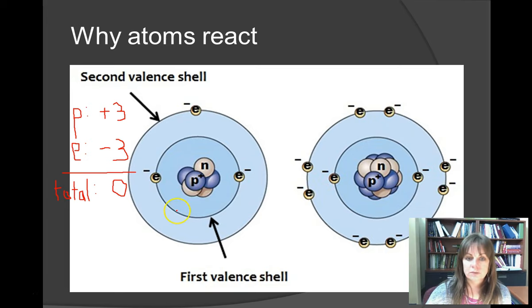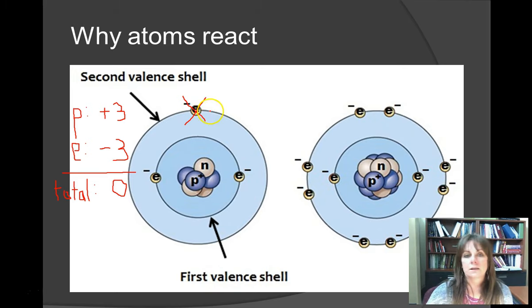So we already said if we looked at this first valence shell, we've got 1, 2 electrons. Okay, that one's completely full. But this second valence shell here, we've only got 1 electron. It can hold 8, therefore it's unstable. And we said the way it reacts is it loses that electron, because it's easier to lose 1 than it is to gain 7.